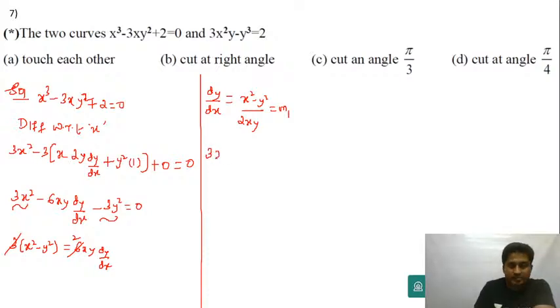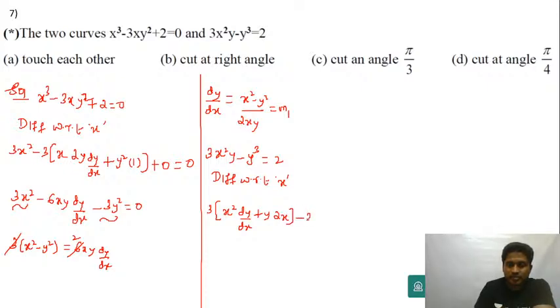So let me differentiate the second curve as well. This will be 3x square into y minus y cube is equal to 2. Now if I differentiate with respect to x, 3 is a constant. Take this in a bracket. First function is x square, differentiation of y is dy by dx, plus second function is y, and then differentiation of x square is 2x.